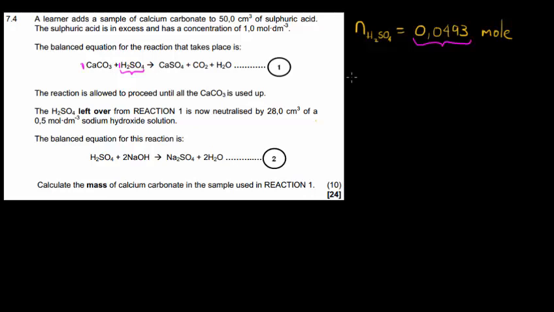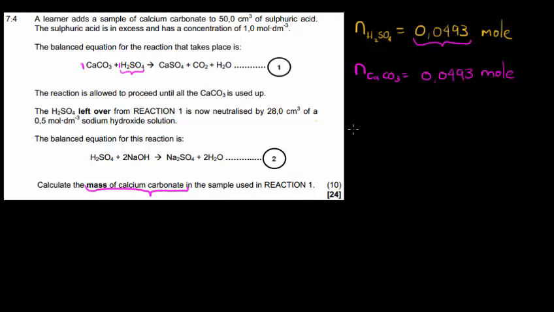So calcium carbonate would have exactly the same amount of moles used. Now our question is simply, they ask what was the mass of the calcium carbonate used in the first reaction.